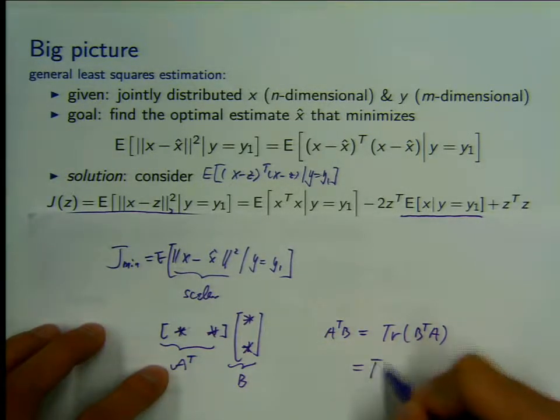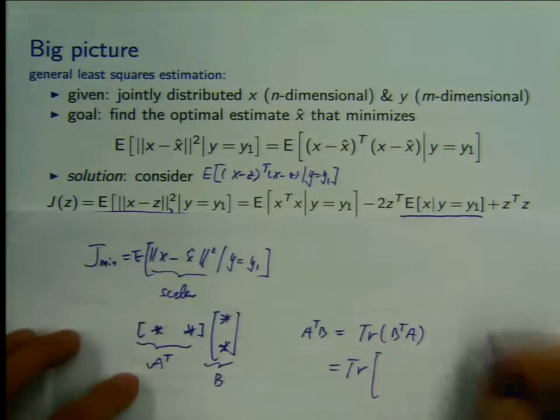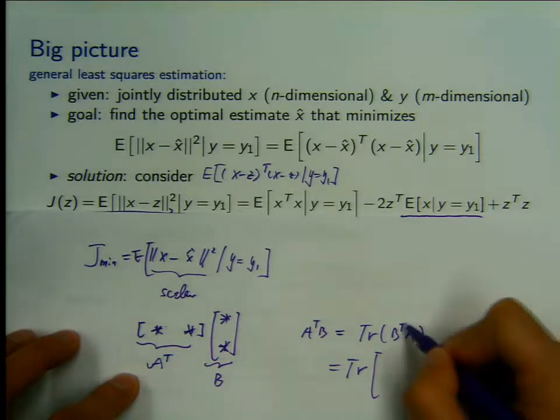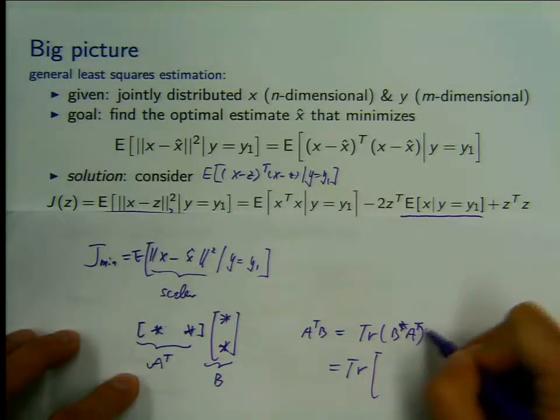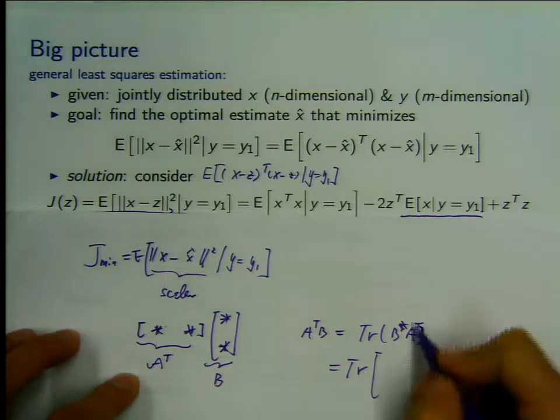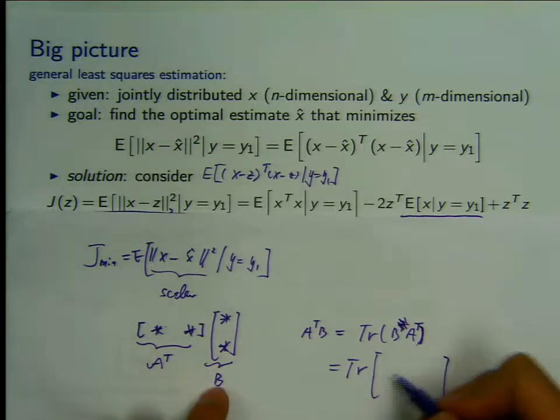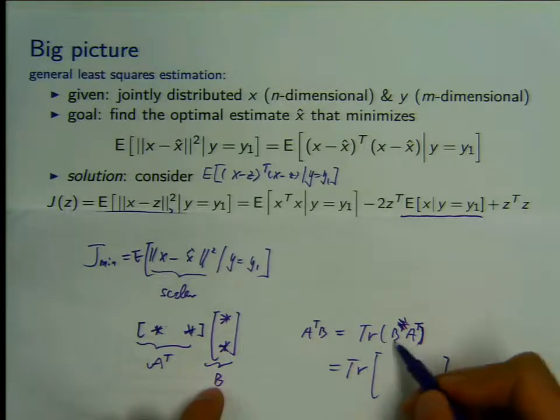Look at the trace here. It equals B A transpose. I made a typo here. So B is a vector, and B times A transpose is some kind of matrix, right?